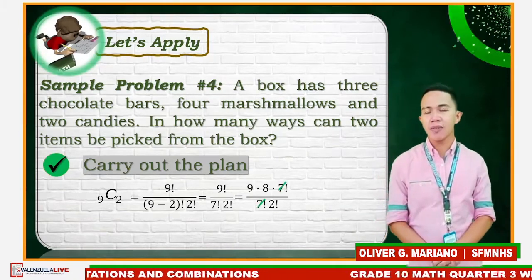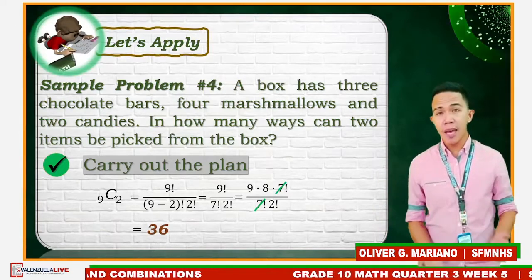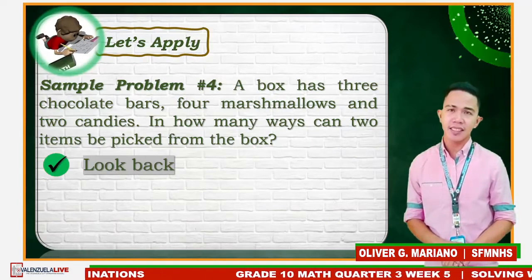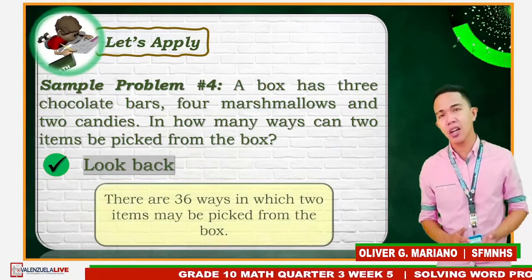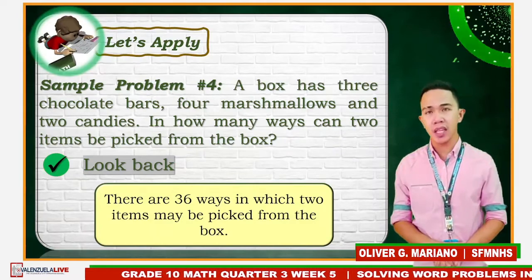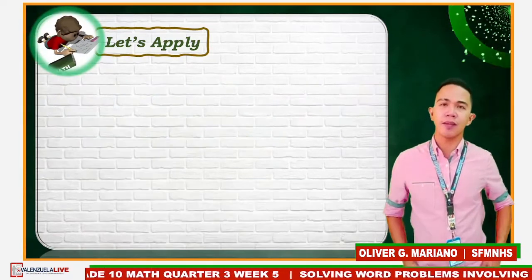Simplifying, we have 36. Looking back, have we executed our solutions as planned? Very good. Hence, we can say that there are 36 ways in which 2 items may be picked from the box. Let's proceed to our next problem.